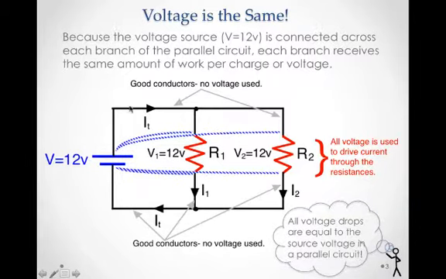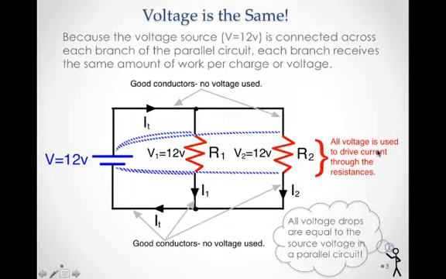Notice also that that's true for resistor 2, that we just have a good conductor all the way to here, and then we have a good conductor all the way back. So no work per charge is done to move the charges to here, and no work per charge is done to move the charges back to the battery. So all 12 volts appears also across R2. So anywhere across any component in a parallel circuit, the voltage is the same.